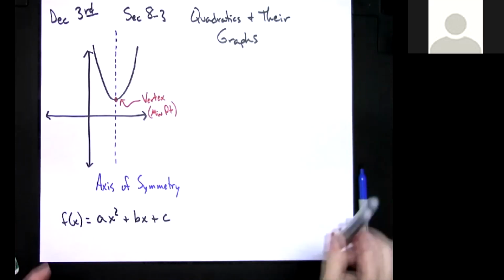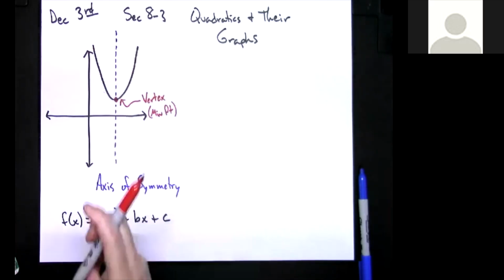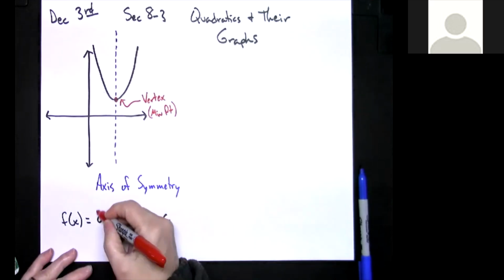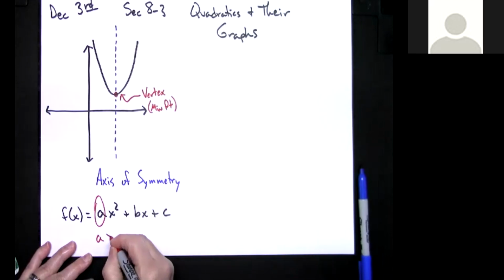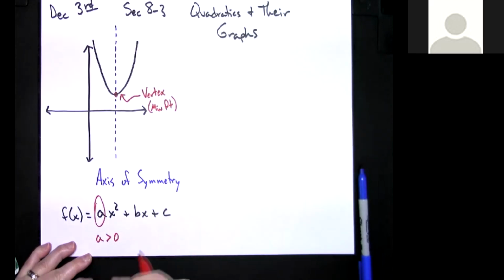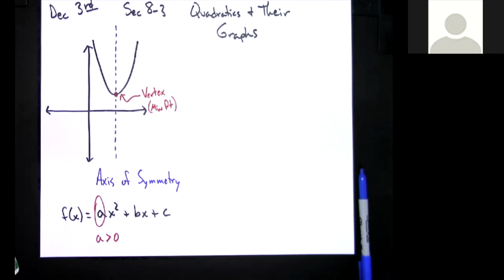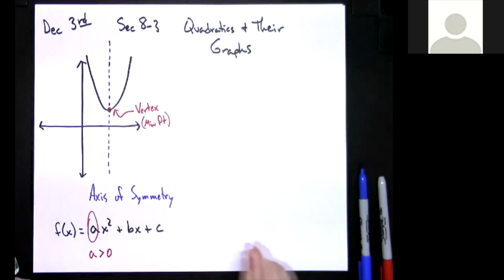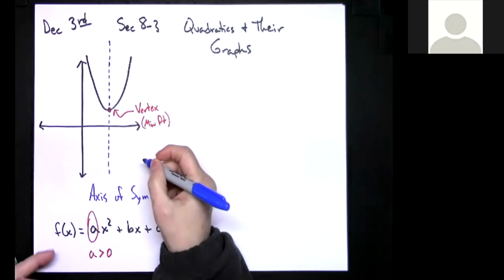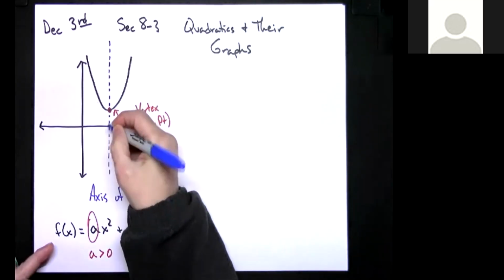With this particular one, the way it is drawn, it is an upright parabola. That tells us that the coefficient a has to be greater than 0. When it's positive, it's upright. When it's negative, it's upside down. These are all things that we have talked about in the past, but maybe didn't give a lot of detail about.